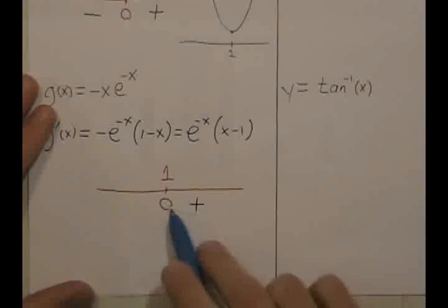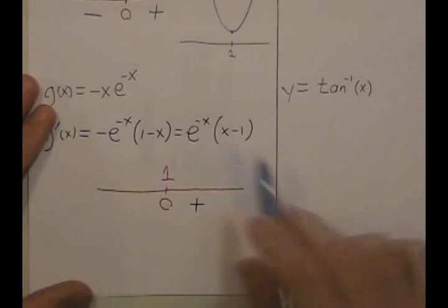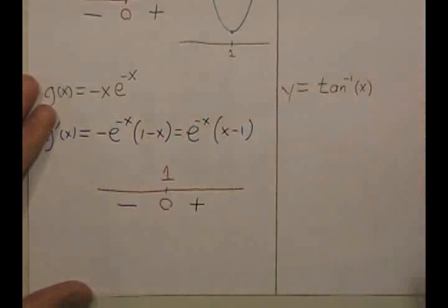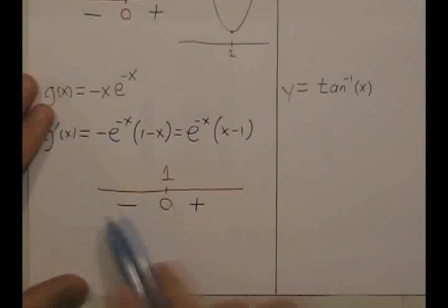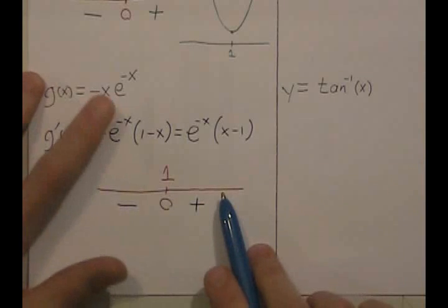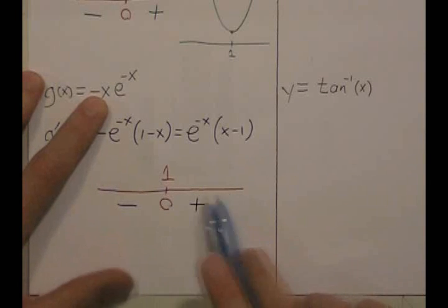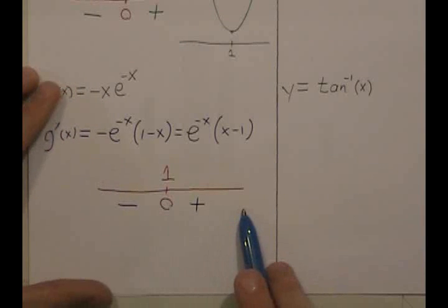If you plug in a value of x less than 1, this term will be negative, and this is always positive, so we'll get a negative over here. Since the derivative is negative over here and positive over here, the original function x e to the minus x must be decreasing up until 1 and then increasing thereafter.